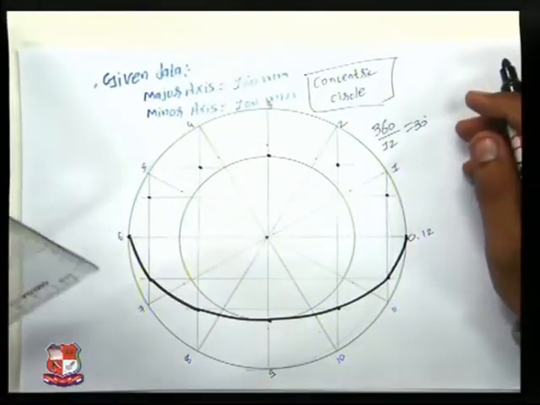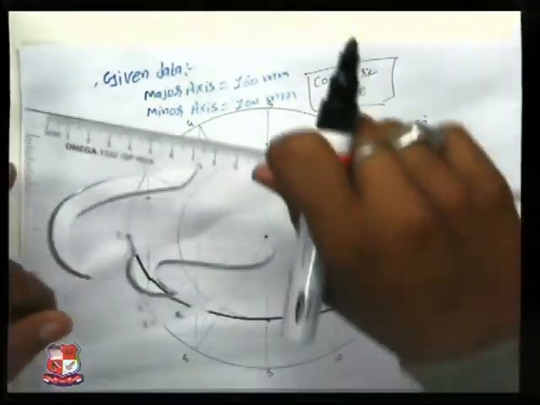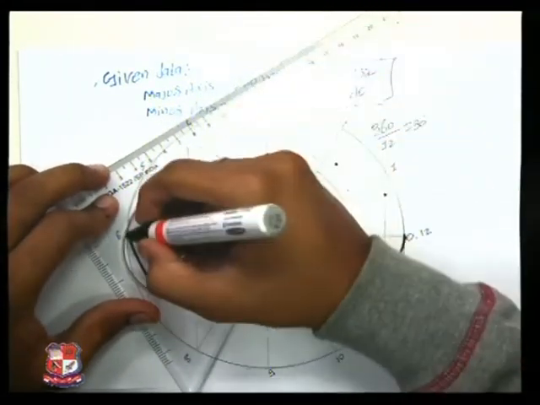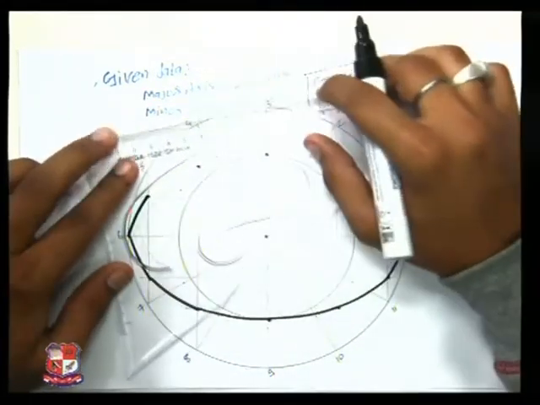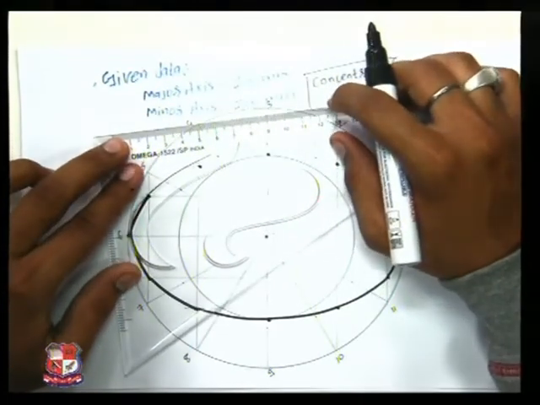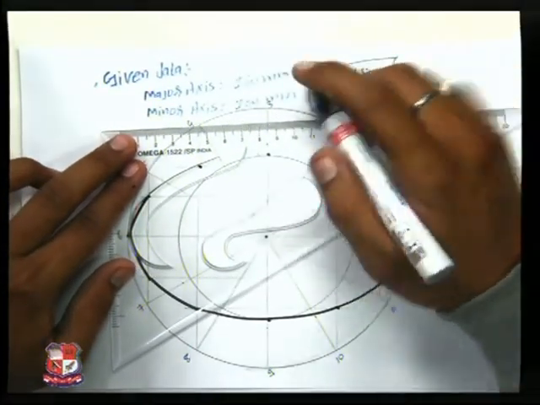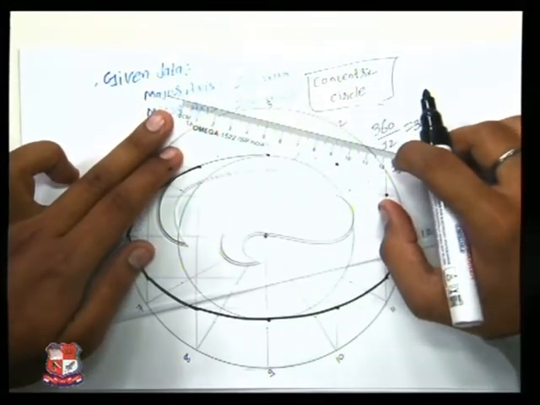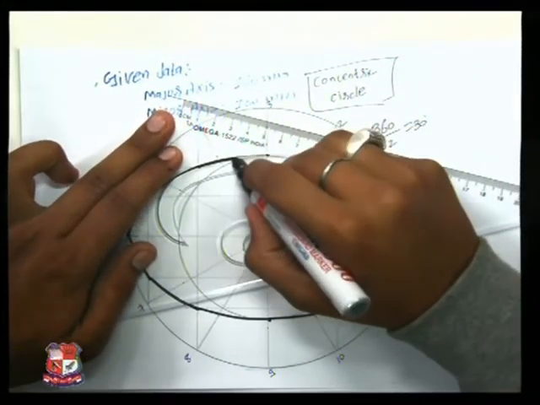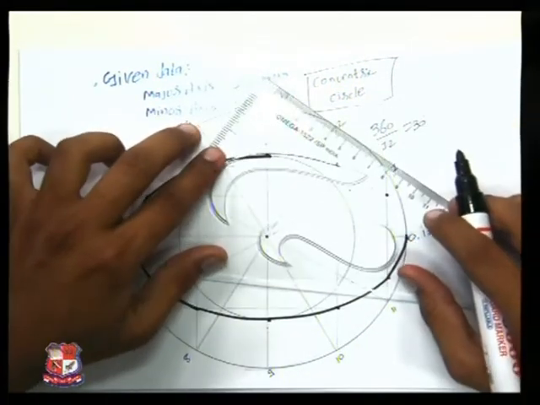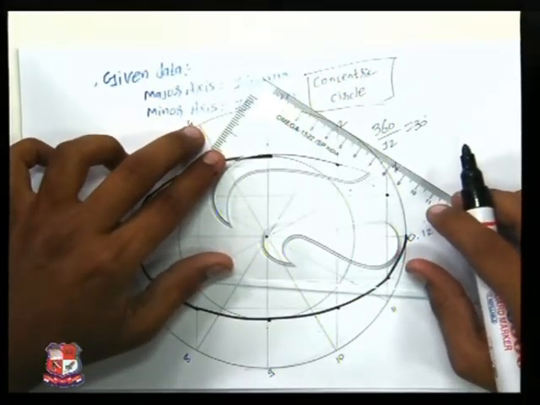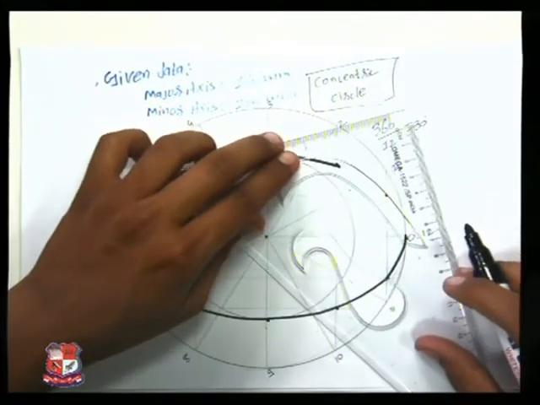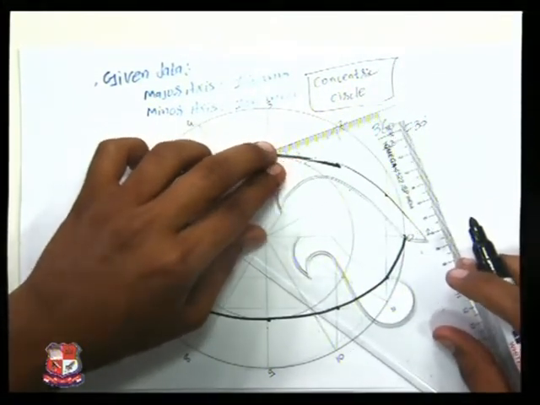Joining with very smooth curve on the other side also. You can draw manually also or by this French curve also.